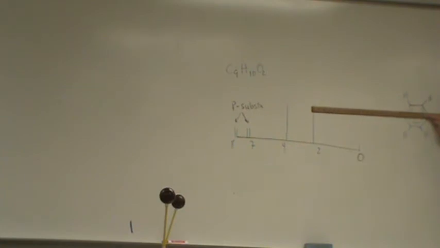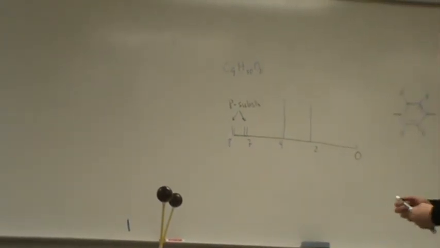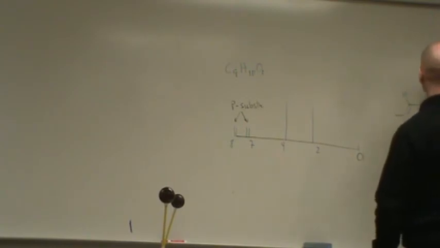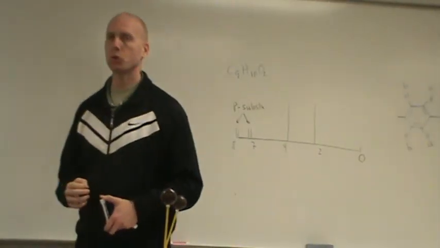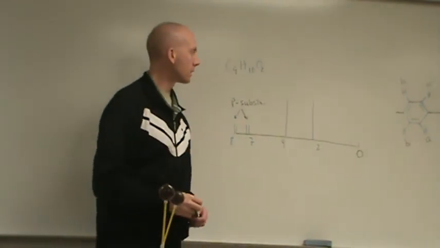See that? So that's going to make these 2 the same and these 2 the same. See that? So I can label these maybe A and B. Okay, so that's what that para substitution does.